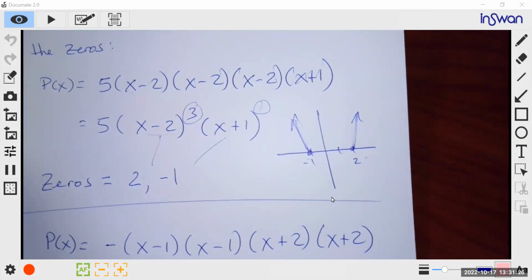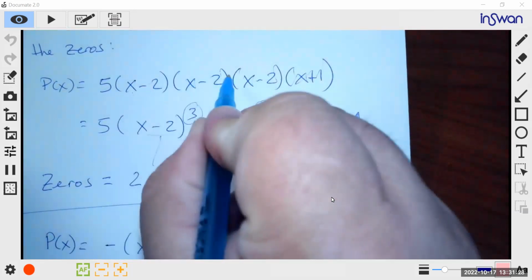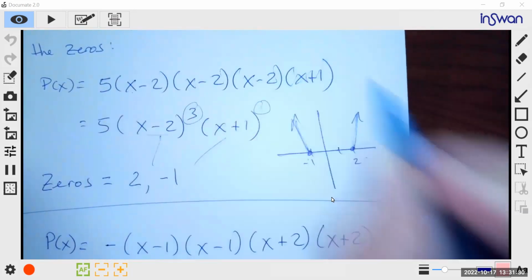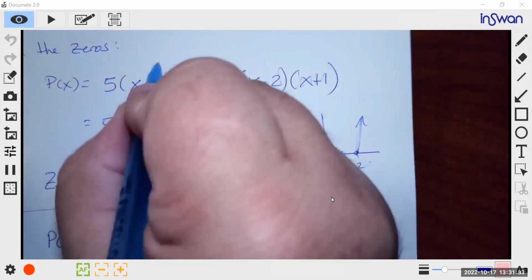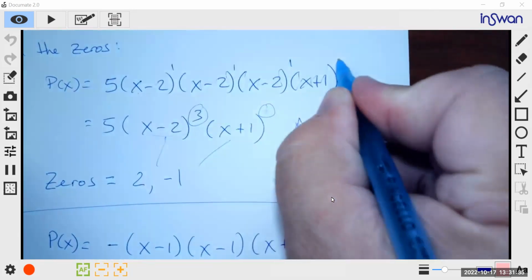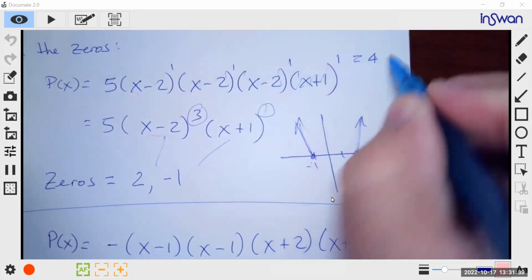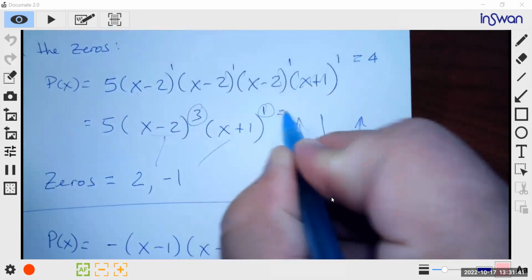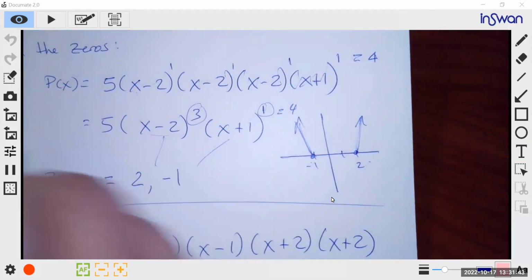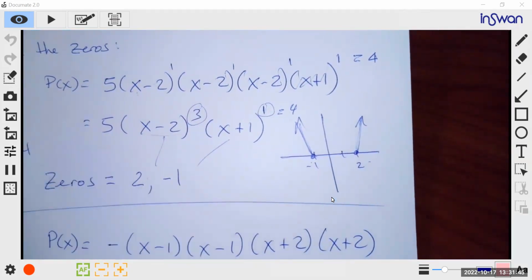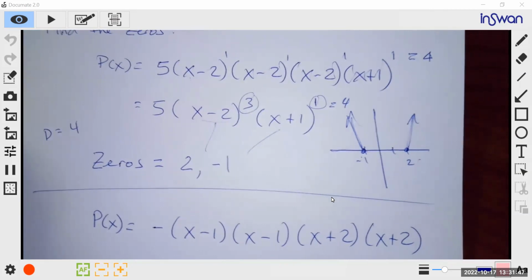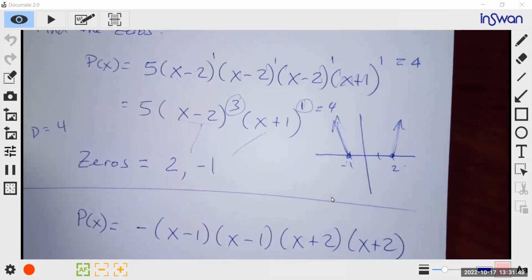One way you determine the degree: what are the exponents of these parentheses? They're all 1, right? If you add up all the exponents, that's what the degree is going to be.